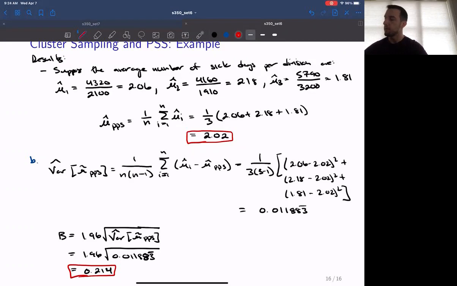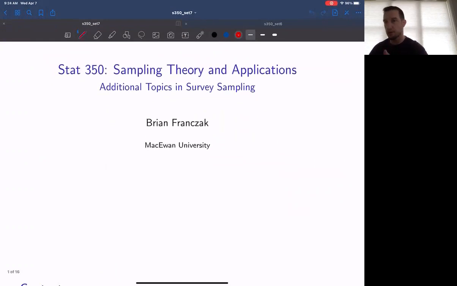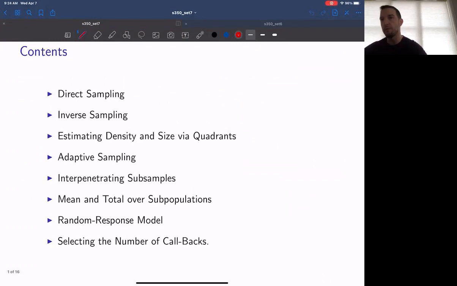All right. So now what we're going to do is start lecture set number 7. Lecture set number 7, as you can see, is titled Additional Topics in Survey Sampling. There's a number of different concepts that we're going to work through in this lecture set. They're all sort of separate ideas. Direct sampling and inverse sampling are related because the goal is the same.